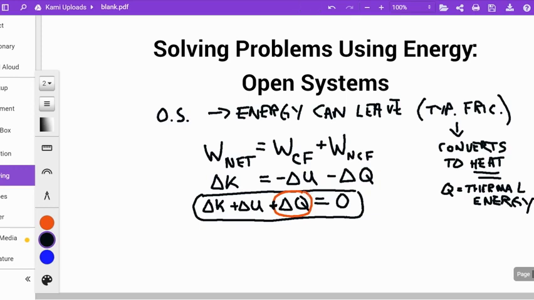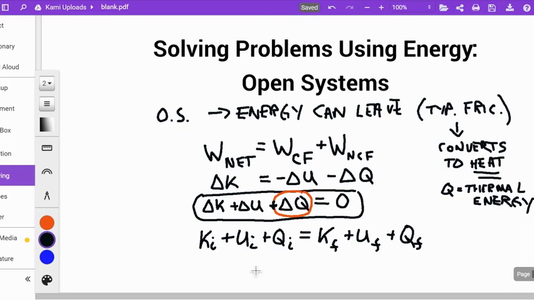Without showing all the details again, we can take this statement and break it down and put all the initial terms on one side. All the initial kinetic, potential, and thermal energy that you start with should be equal to the final energies. Usually you don't really solve problems where you're starting with thermal energy, so this term is typically 0.